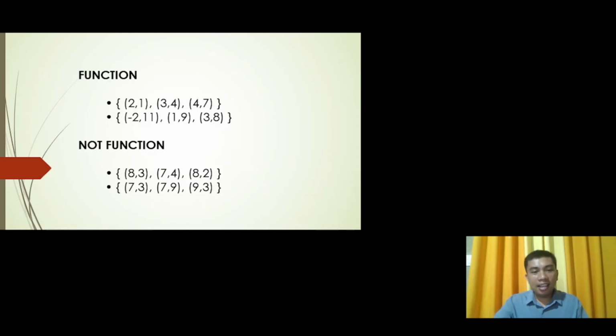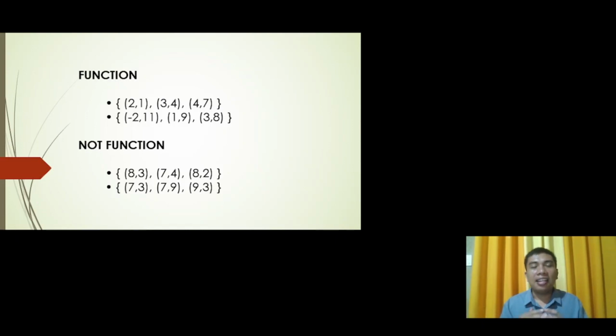And then the next example, we have 7.3, 7.9, and 9.3, is also not a function because 7 is being repeated. So to determine if the given is a function or not, the value of x should not be repeated.